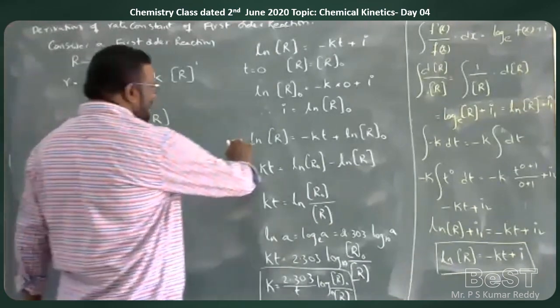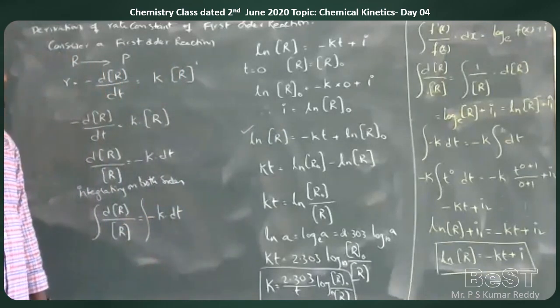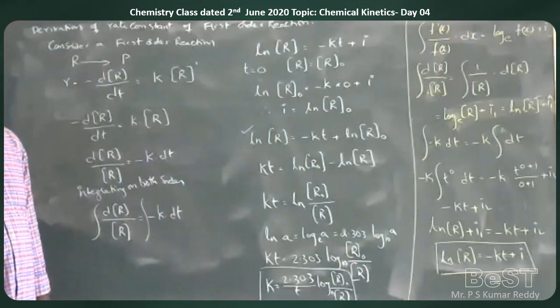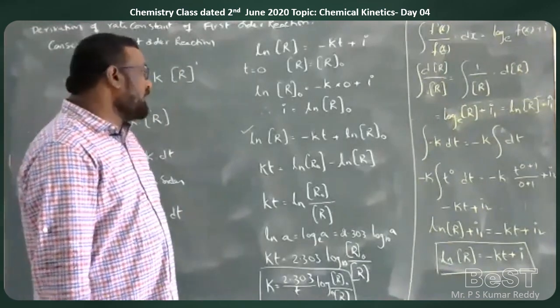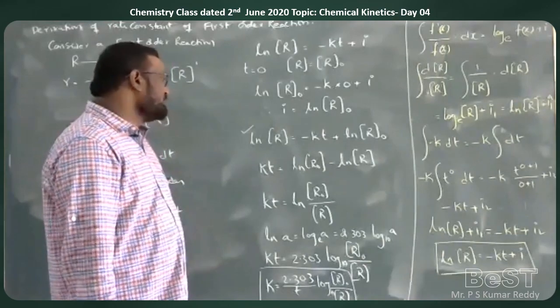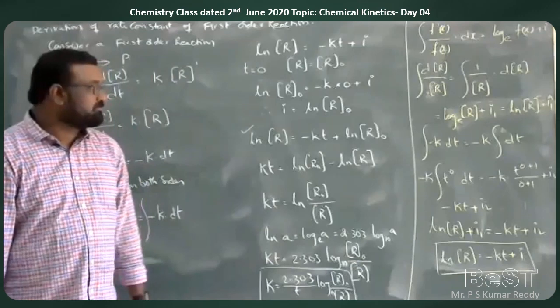Now, if you see this equation, y is equal to mx plus c. So when you are plotting a graph, what is it that you are going to get? Check it.